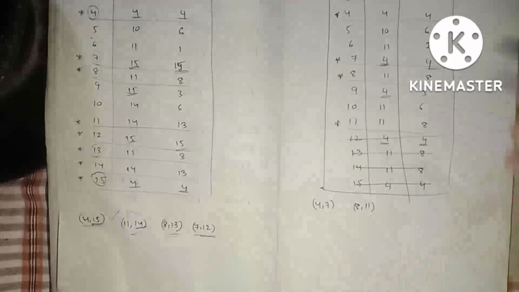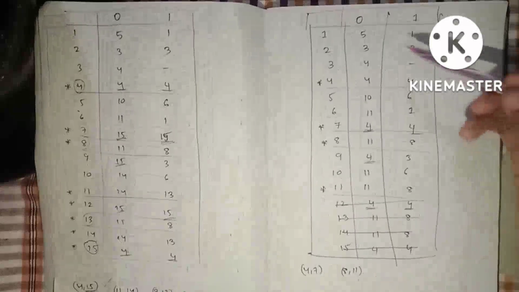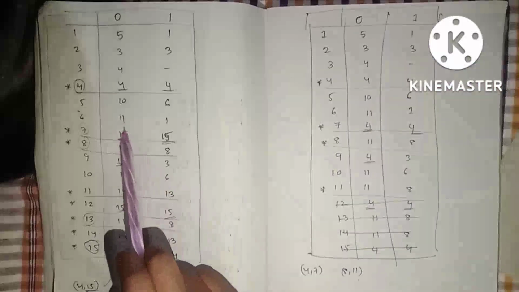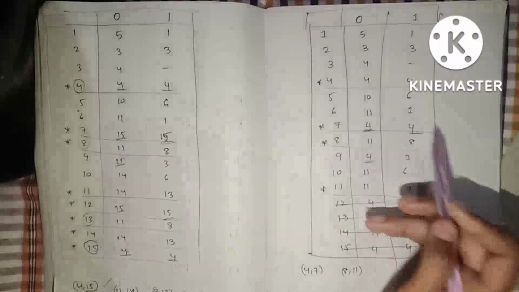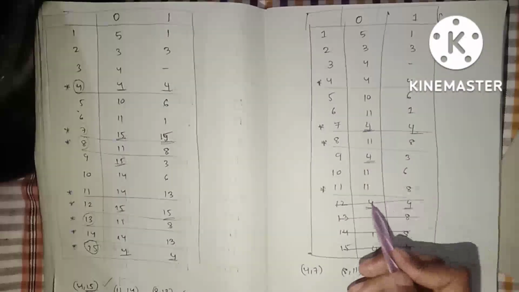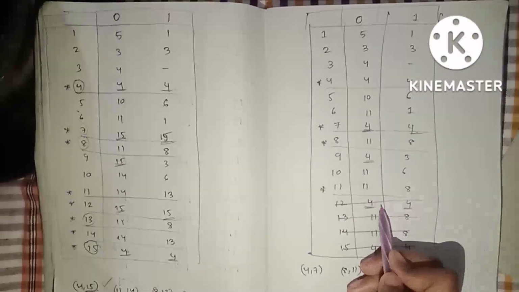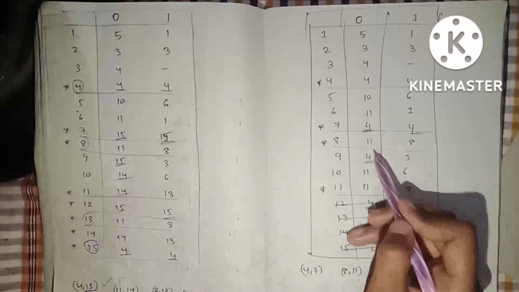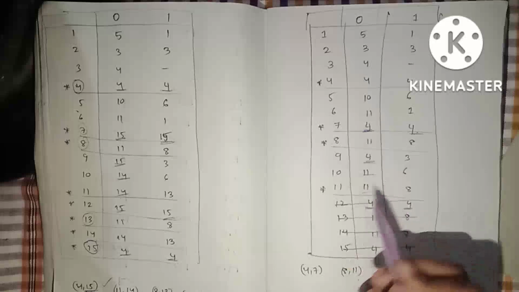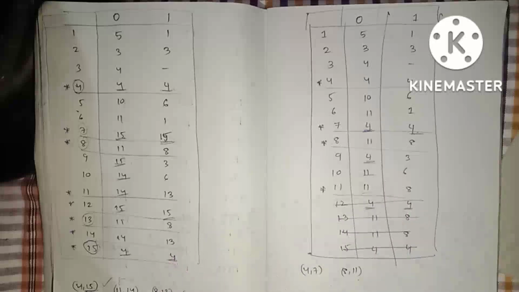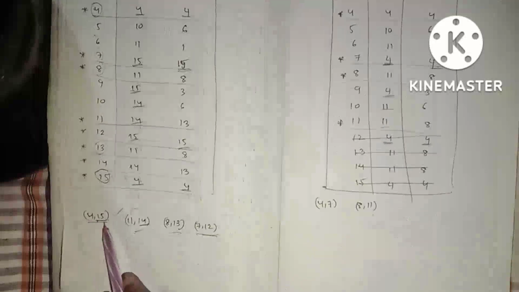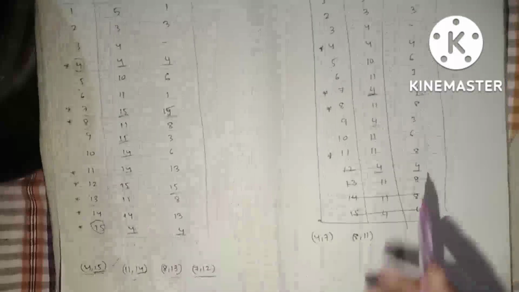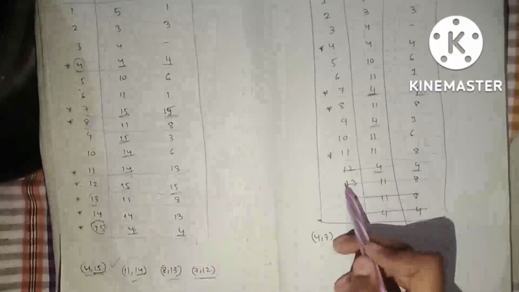So as it is, all of this we have written, but wherever there is 15, I have replaced it with 4. Similarly, wherever it is 14, like you see here, I have replaced it with 11. Here, since 15 equals 4, 14 equals 11, 13 equals 8, and 12 equals 7, I have cancelled 15, 14, 13, 12.